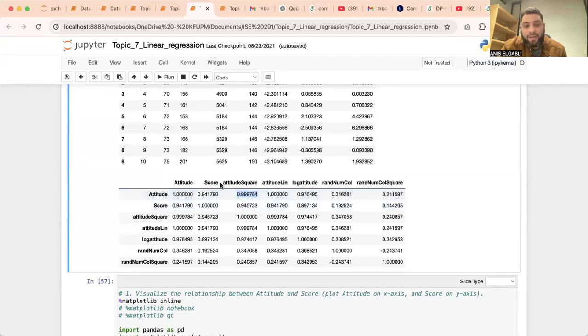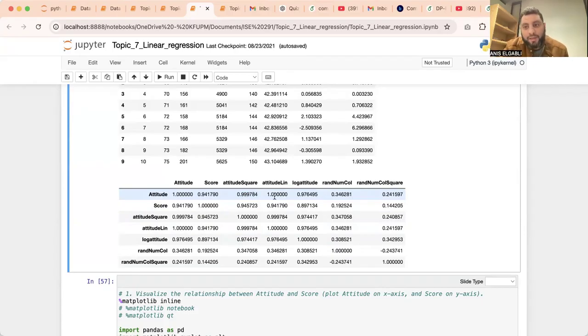So you should not look at the correlation by itself without looking at the scatter plots. Correlation is good, but you always need to also look at the scatter plots to know the exact relationship between any two variables. When the correlation is high, on average it's a linear relation.